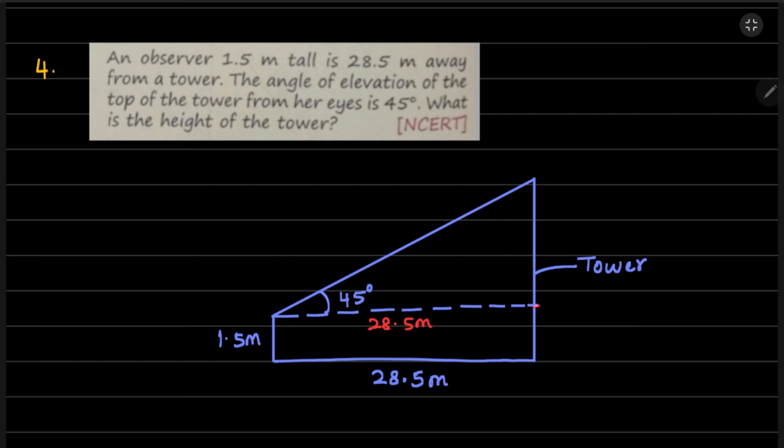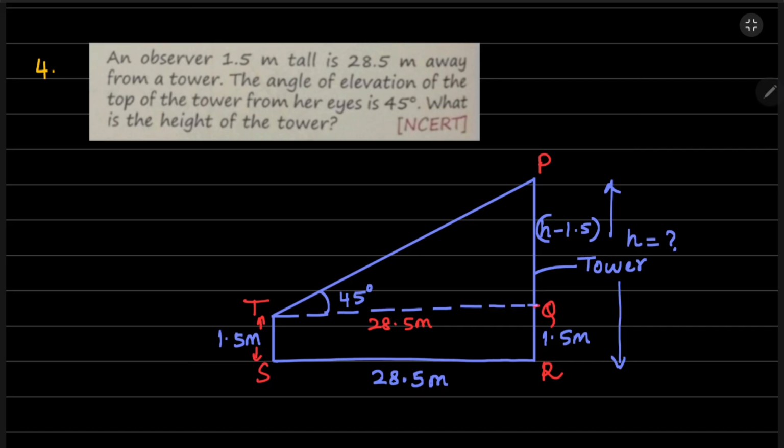So suppose we mark the tower as PQR and the observer as S, T. The observer is of height 1.5 meters. You have to find the total height of the tower. Okay. So what is QR? QR will also be 1.5 meters. Then what will be PQ? PQ will be H minus 1.5 meters.